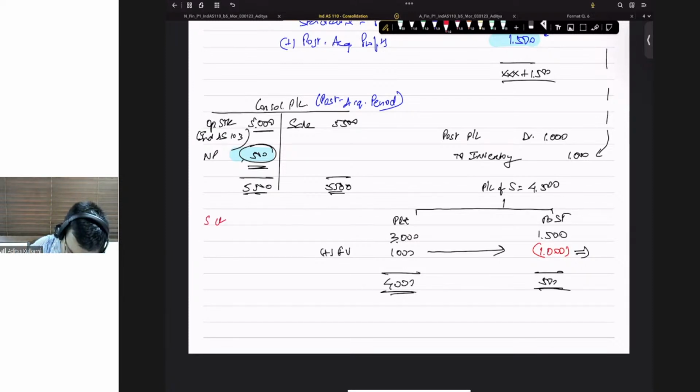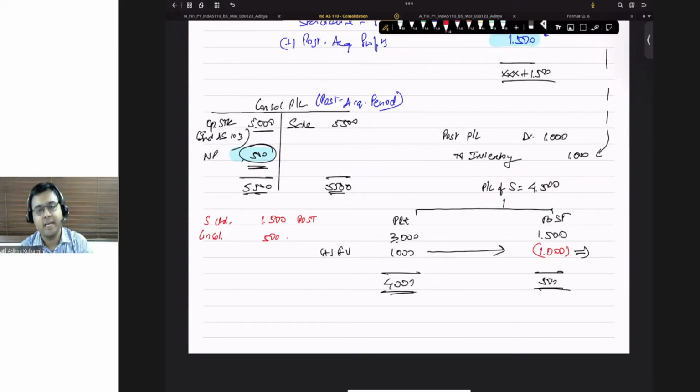S Limited's profit, how much was it? Sir, it was 1,500. When did this profit arise, before acquisition or after acquisition? Sir, this arose after acquisition. So can I say that this is my post P&L? Yes, it is your post P&L. Whereas for the purposes of consolidation, your net profit should actually be 500. Why 500?